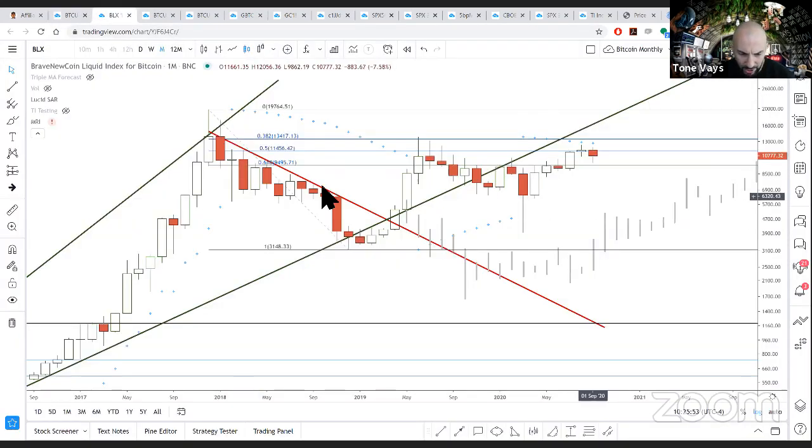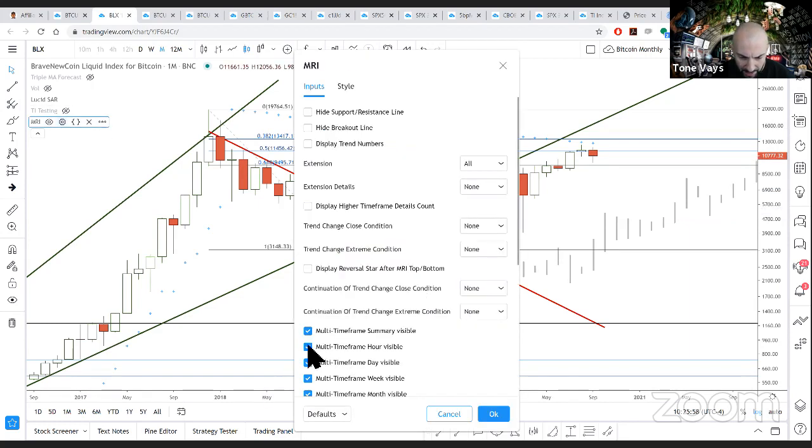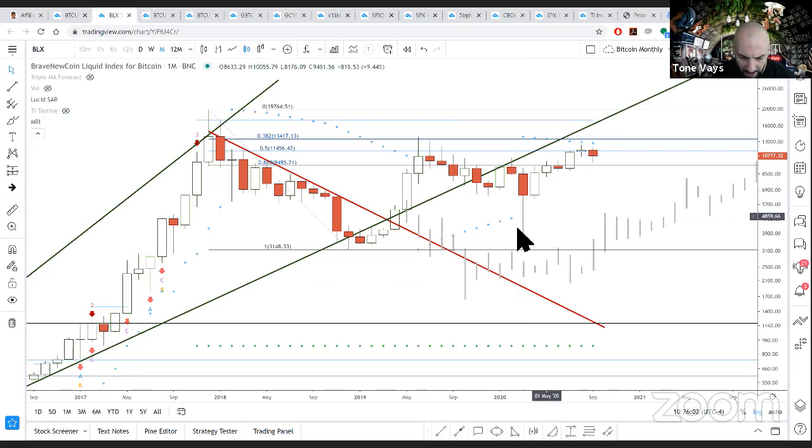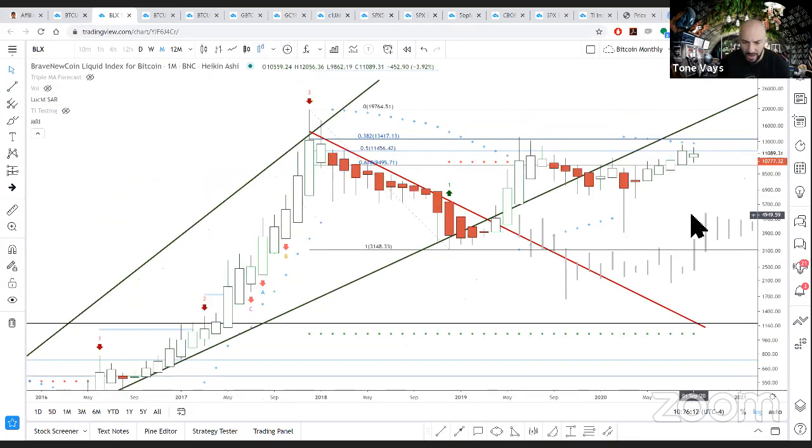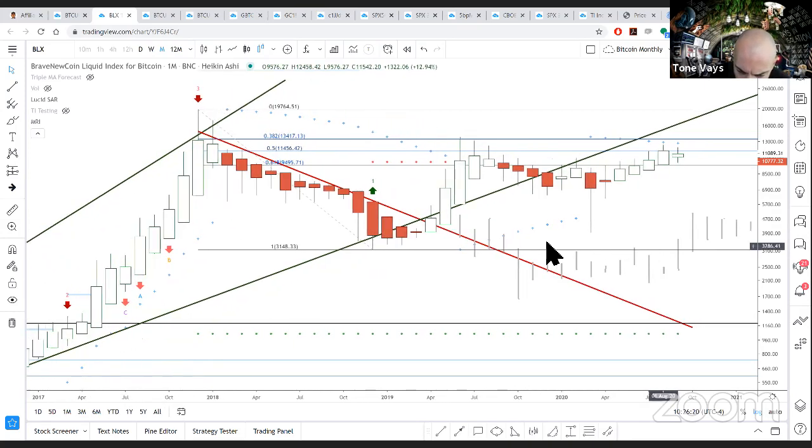The monthly chart. I tried to pull up the monthly chart. Oh, I wonder if this is gonna work now. This is one of the things that wasn't working. There we go. We are up and running on the monthly chart. It doesn't look like much because the month is coming to an end. So we might as well start looking at it. So we were looking at the monthly chart in its Heikin-Ashi form, and in its Heikin-Ashi form, it has been acting very, very nicely with the MRI.